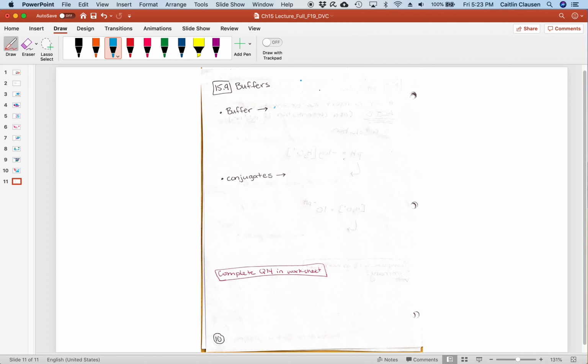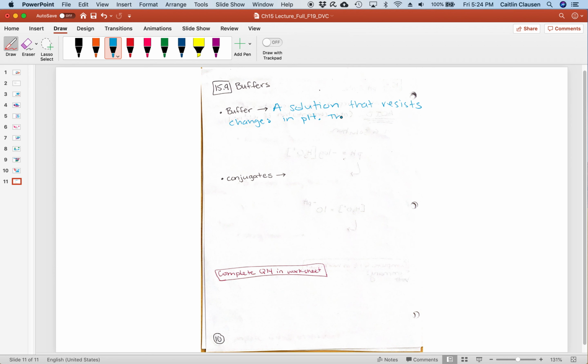So the key thing about buffers. A buffer is a solution that resists changes in the pH. So if you have a solution that's acidic and you try and add more acid, if it's a buffer, it's not going to increase in acidity. So it resists changes in pH.